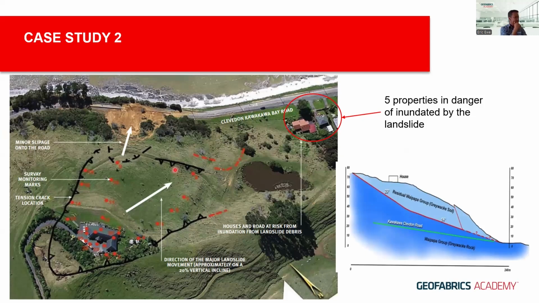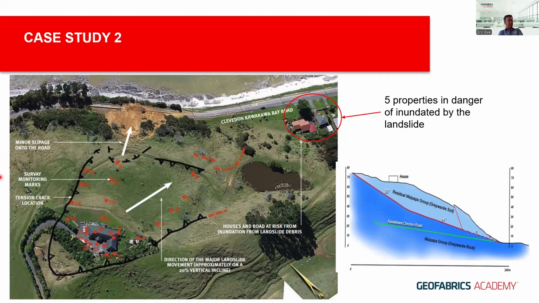And further investigation by the engineer discovered, and they plotted, the tension cracks, and some direction of the landslide was identified. It is very clear that this particular slip is just a smaller slip compared to the much bigger one.